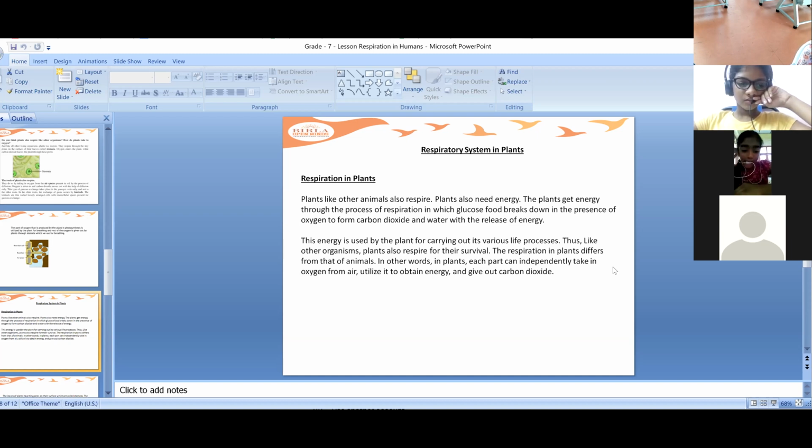The energy is used by the plant. How is this glucose broken down? At what time does the respiration process take place in plants?